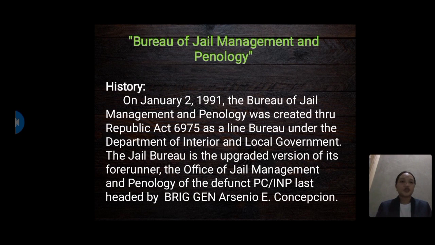This is the brief history of BJMP. On January 2, 1991, the Bureau of Jail Management and Penology, or BJMP, was created through Republic Act 6975 as a line bureau under the Department of Interior and Local Government. The Jail Bureau is the upgraded version of its forerunner, the Office of Jail Management and Penology of the Integrated National Police, PC or INP, last headed by General Arsenio E. Concepcion.